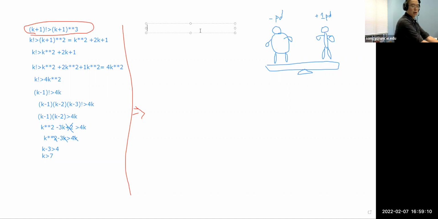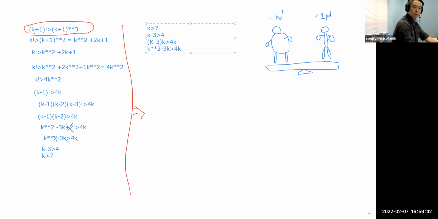We want to start from k greater than 7. Okay, if k is greater than 7, this means k minus 3 is greater than 4, right? So if k minus 3 is greater than 4, this means k minus 3, I'm going to multiply a k on both sides, is greater than 4k. And this means k squared minus 3k is going to be greater than 4k.